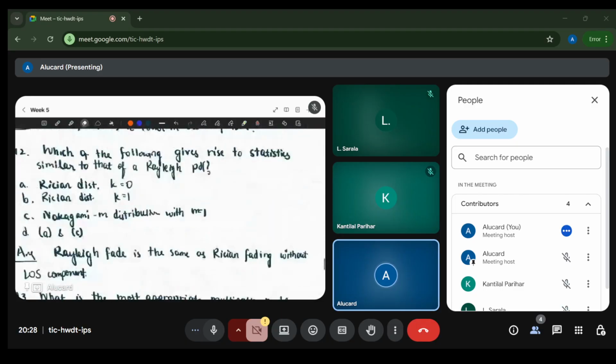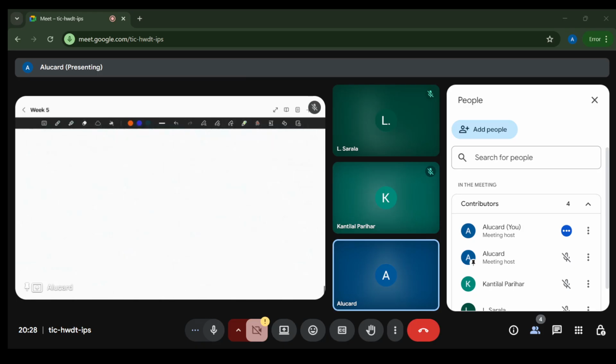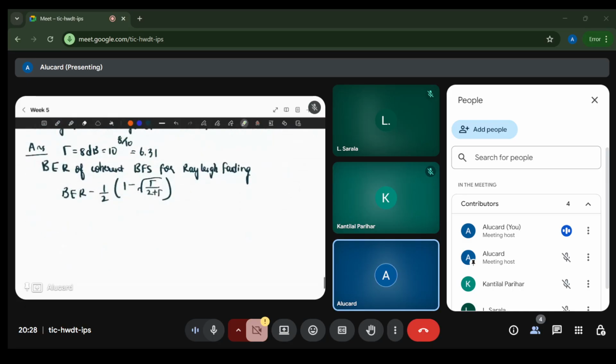If you have an i cross j interleaver, then as a de-interleaver for this i cross j interleaver, you can use a j by i interleaver. That will work as a de-interleaver for the i cross j interleaver.